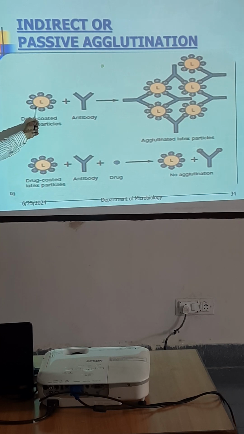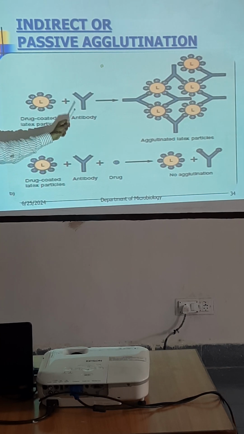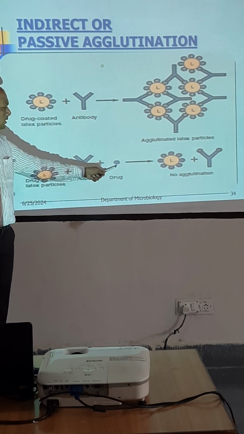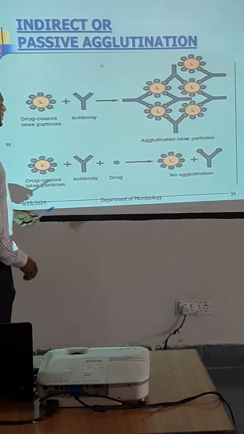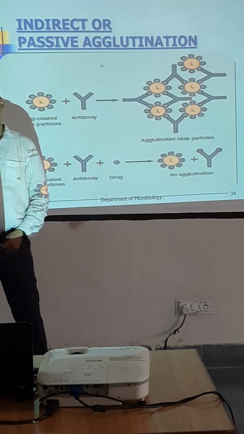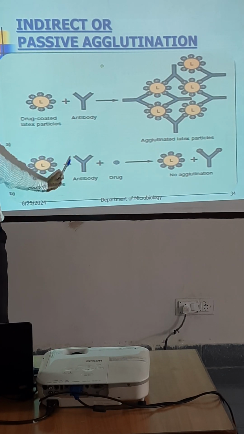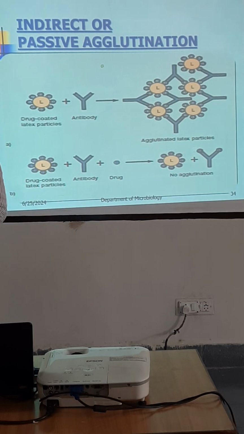If we have the drug coated latex particles plus antibody, plus again free drug particles, the free drug particles utilize the antibodies, so the drug coated latex particles will not be utilized here, and there will be no agglutination observed in this case.